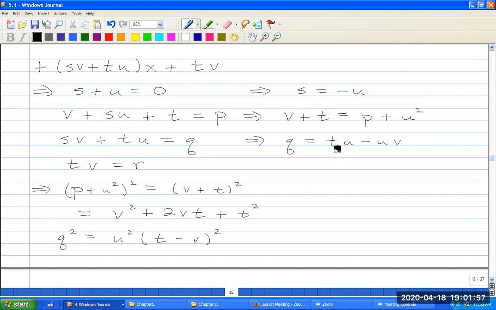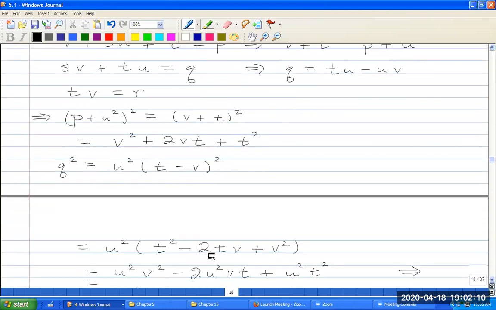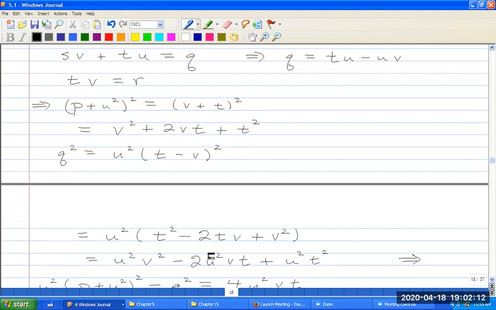So I get q squared is tu minus uv squared. I can factor out a u. So that's really u squared times t minus v quantity squared. And so I get t squared minus, again using the special product formula, 2tv plus v squared.